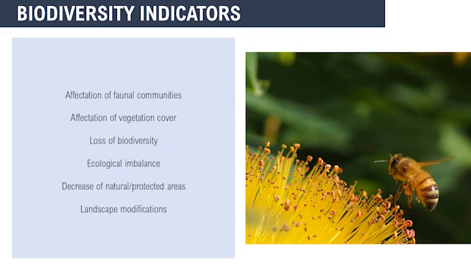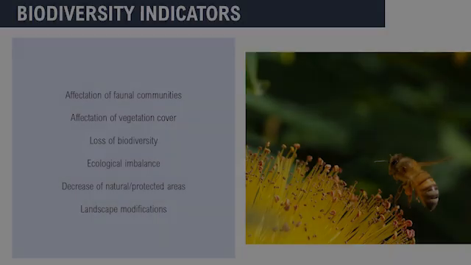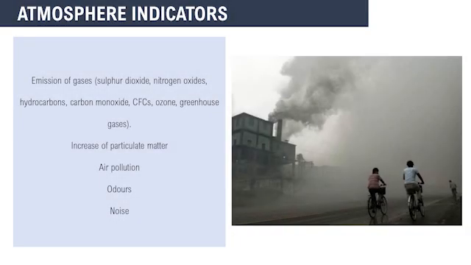The next one will be the atmosphere indicators. So this is related to any activity that is related with fires, for example, or again with the noise. If we are doing fireworks for the end of an activity that we want to celebrate, this also will have an impact, and we need to describe it.